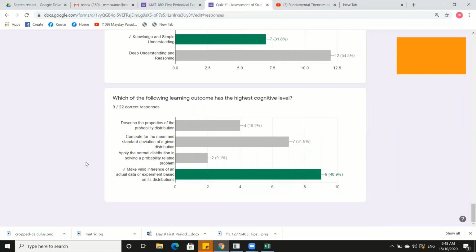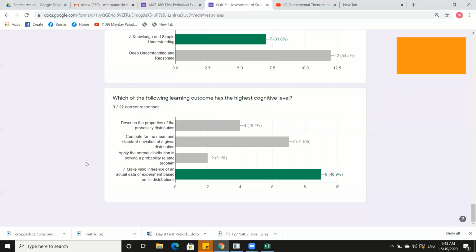Let's have the last part. Which of the following outcomes has the highest cognitive level? Okay, let's search for this one by one. Describe the properties of the probability distribution.